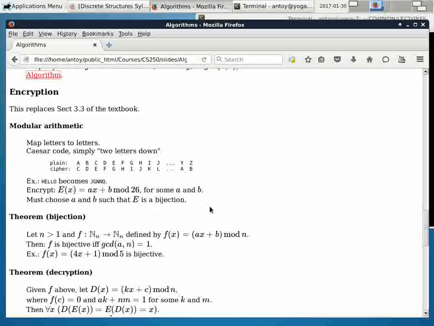He wrote all the letters of the alphabet one after another. And then below, he wrote the letters shifted two positions forward. So below A you have C, below B you have D, and so on. You see how they come about? When you run out of letters, you wrap around. So Y plus 2 gives you A, and Z plus 2 gives you B.